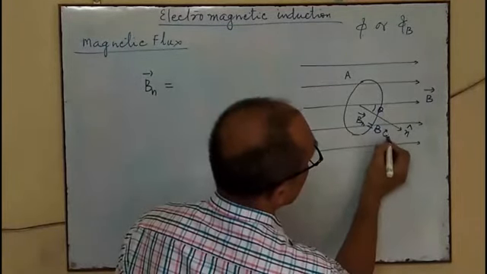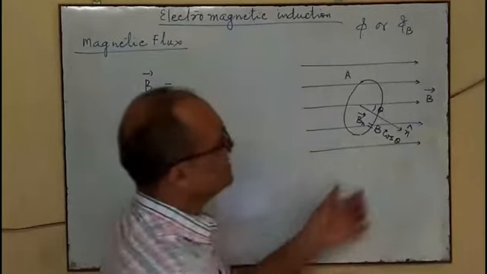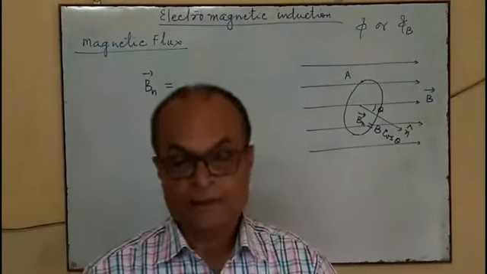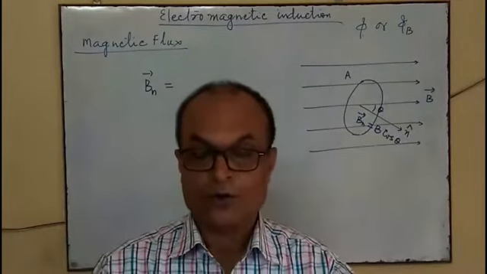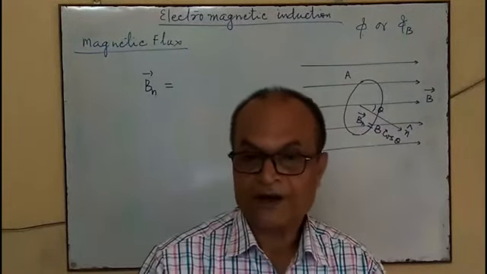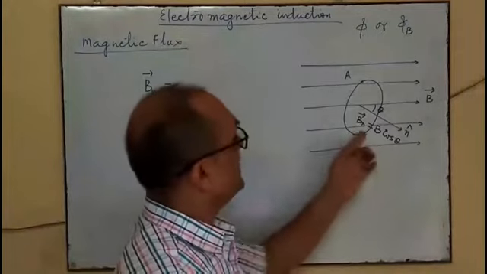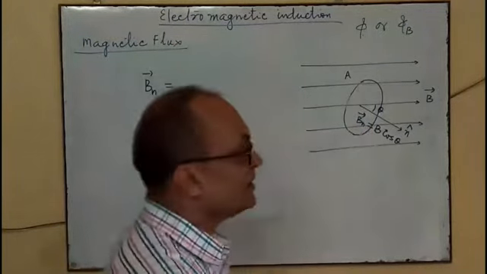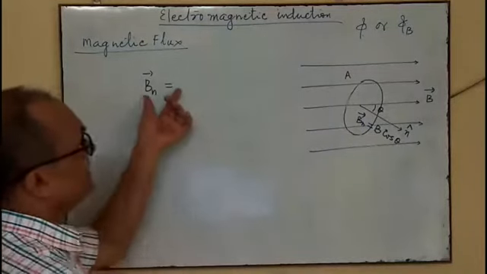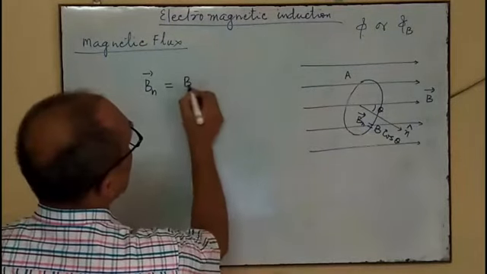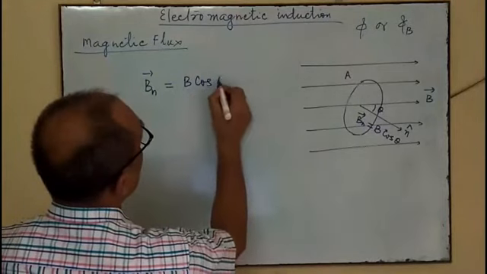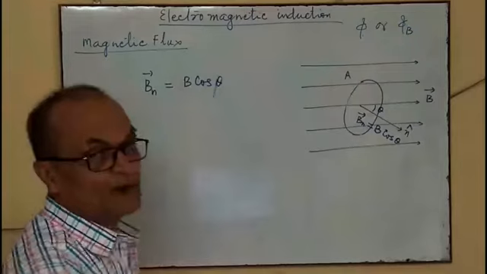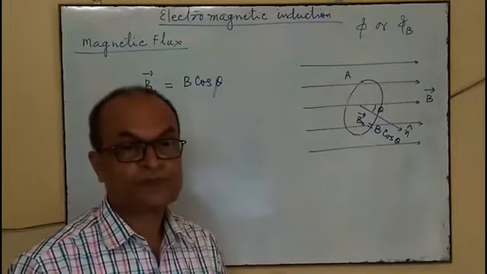So B cos theta is the normal component of the B magnetic field, which is perpendicular to the plane of this area. So Bn is equal to B cos theta.